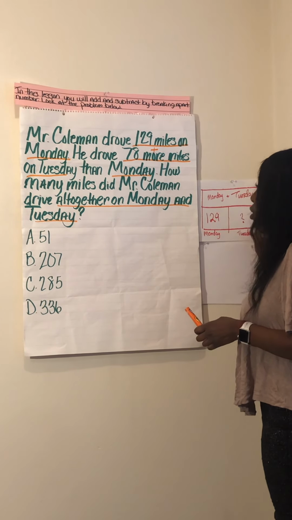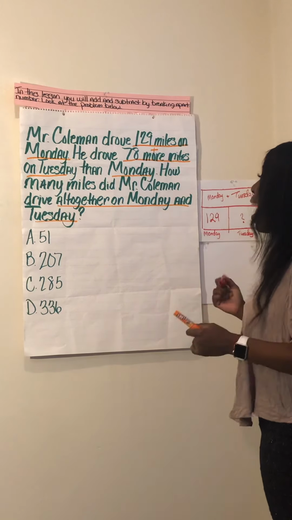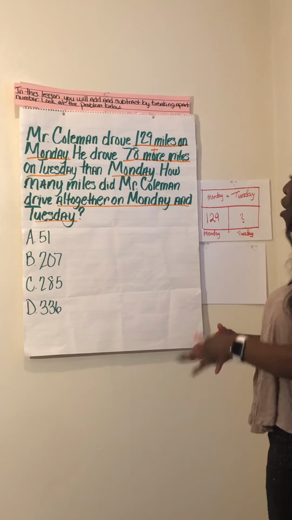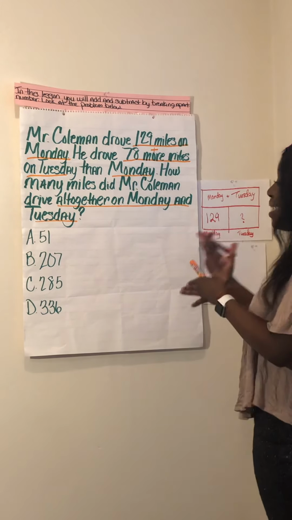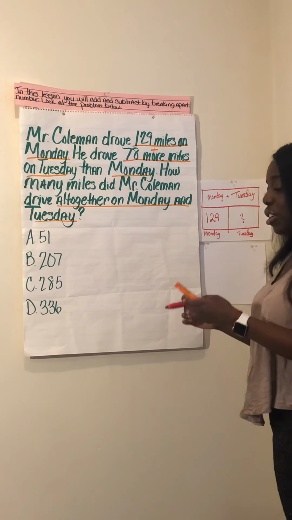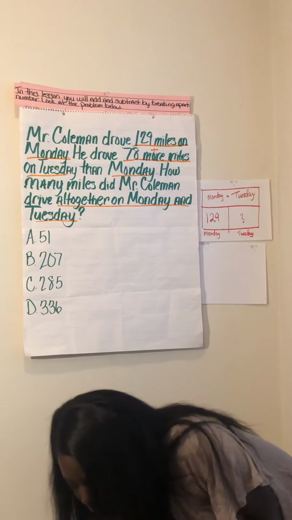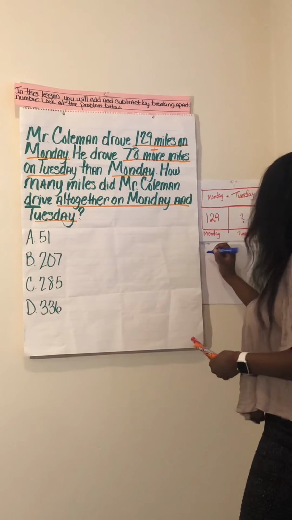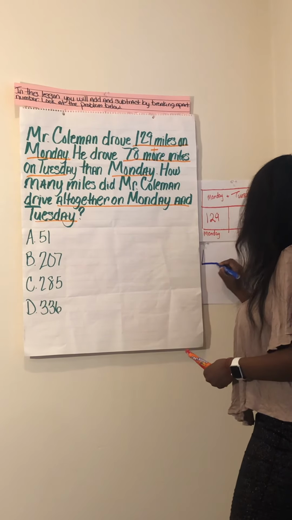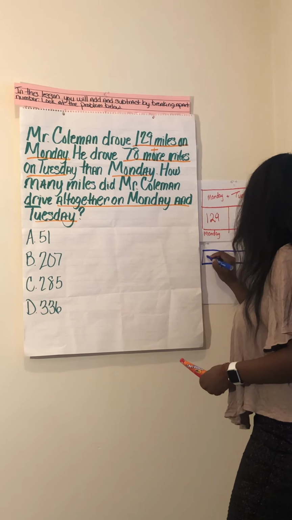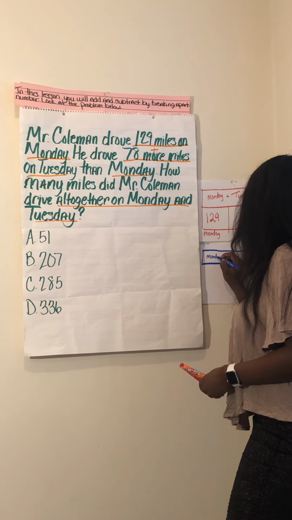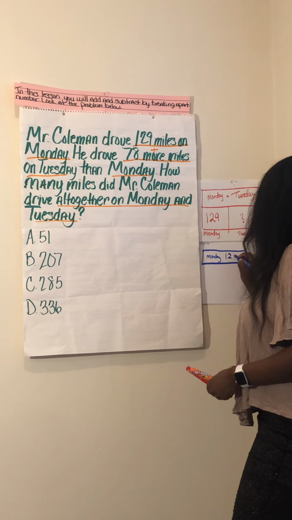To solve for Tuesday, we're going to have to add how many miles he drove on Monday plus the 78. So I'm going to draw a second tape diagram. And this time around, I'm going to make sure that I'm showing that I know what Monday is. 129.